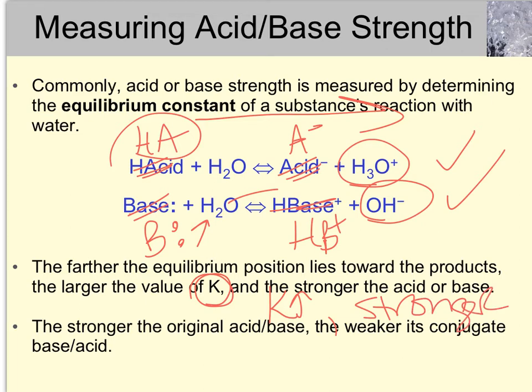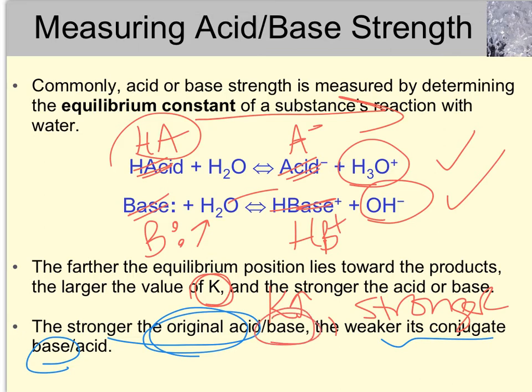Now there's a rather strange kind of correlation. It'll make sense in a minute, but the stronger the original acid, the weaker its conjugate base. Likewise, the stronger the original base, the weaker its conjugate acid.